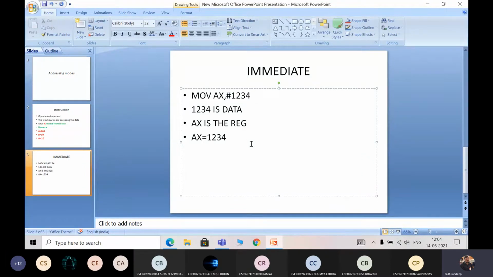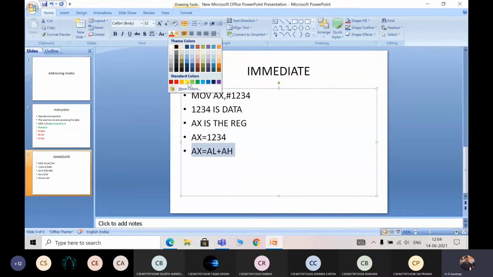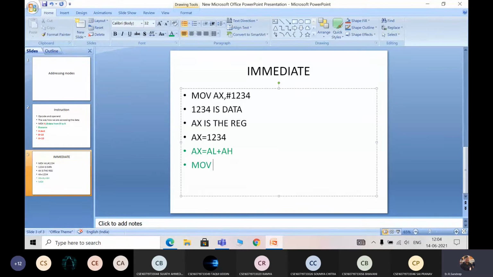Or else, if you want to move 8-bit data only, the AX register is divided into AL plus AH. Suppose I want to move 8-bit data, how can I rewrite this instruction? It's simple: MOV AL, 12.